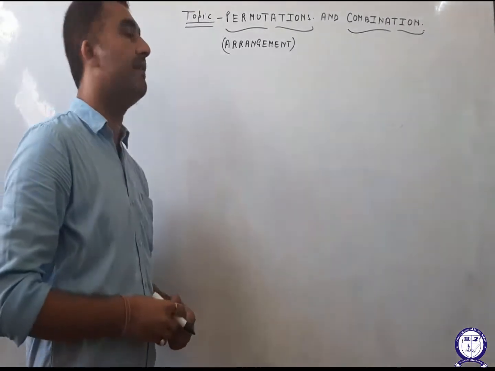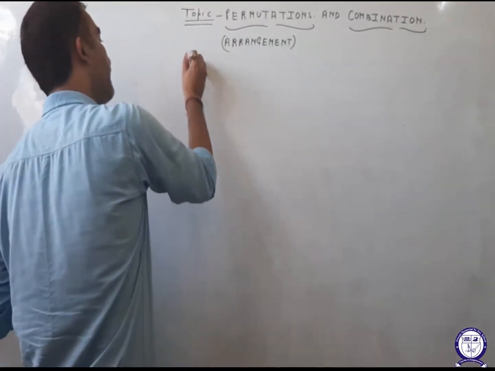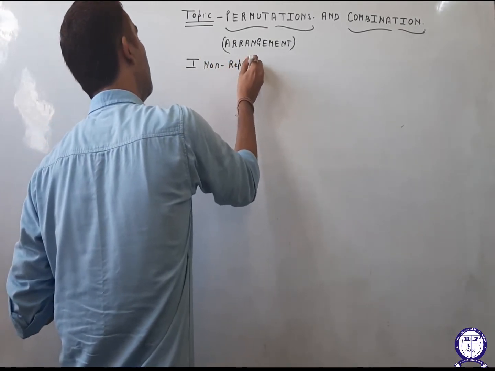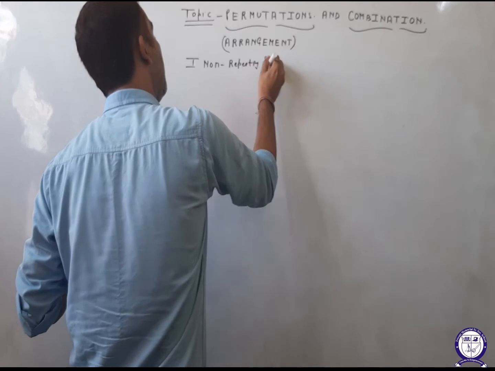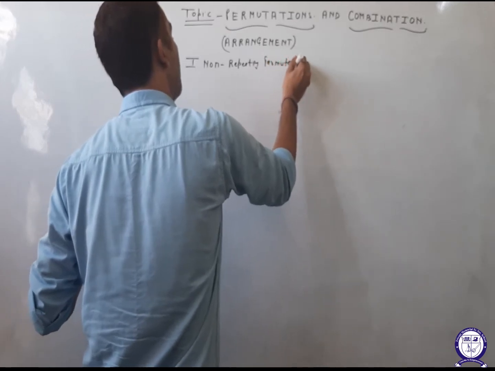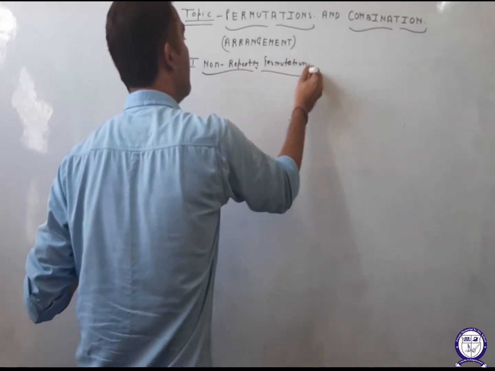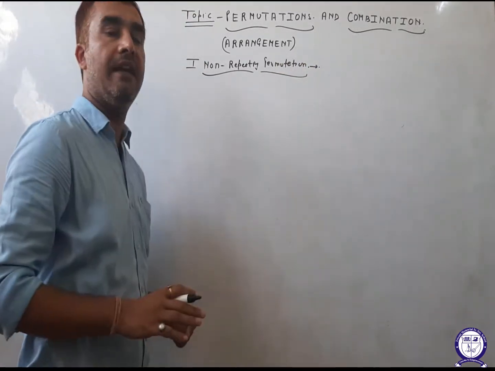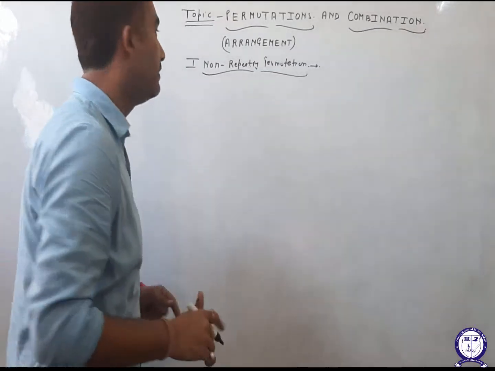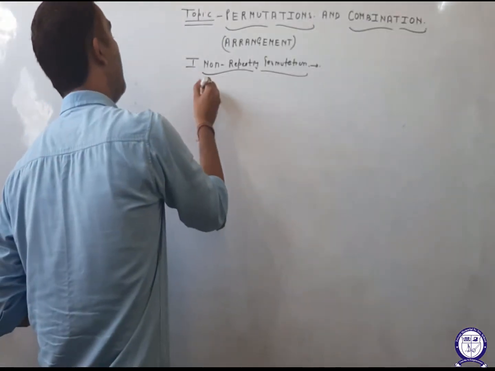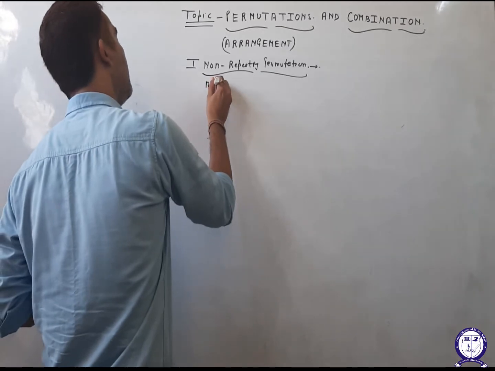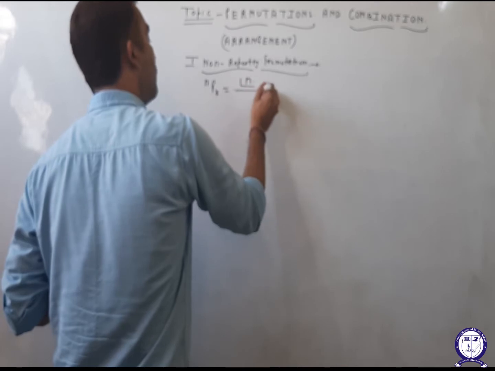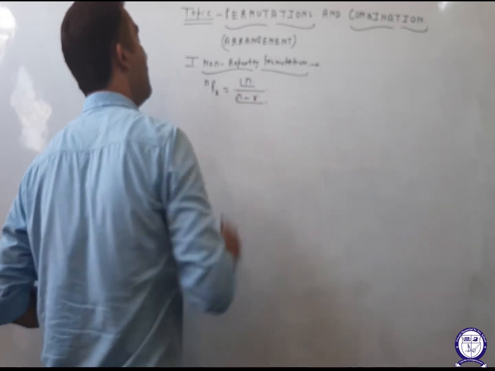This arrangement has three types. The first one is non-repeating permutation, in which no digit, no alphabet, no element can be repeated. The formula is nPr, that is factorial n upon factorial n minus r.